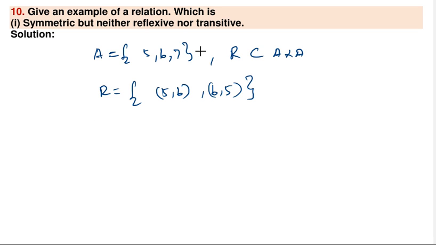So this relation is not reflexive. Yes, 5 comma 5 is not there, so R is not reflexive.